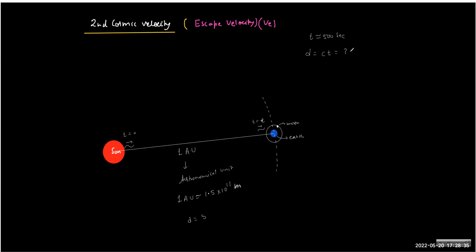And light speed is 3 into 10 power how much? 8 meters per second. So 3 × 10^8 m/s into 500, which is how much? 1.5 × 10^11 meters. That's simple, right?